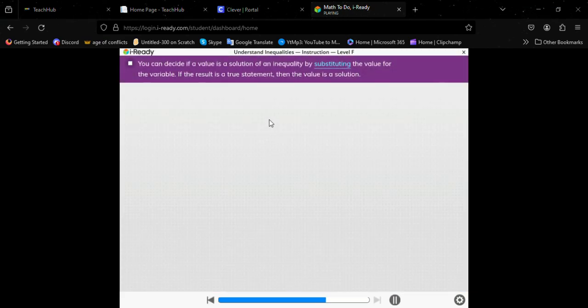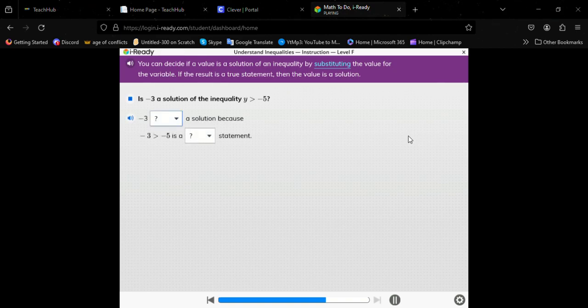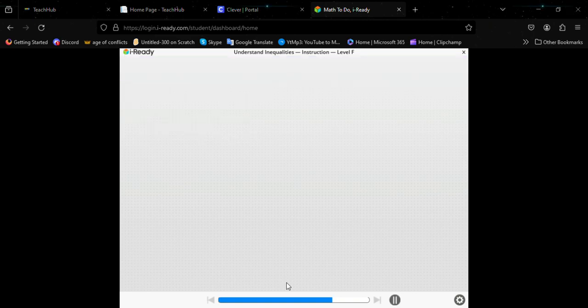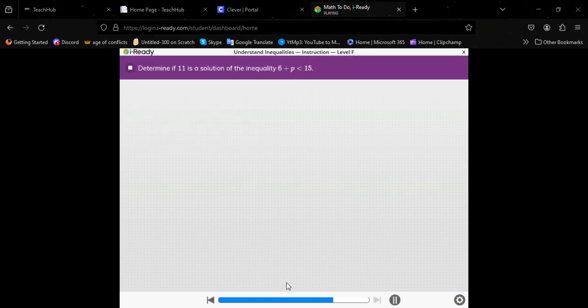You can decide if a value is a solution of an inequality by substituting the value for the variable. If the result is a true statement, then the value is a solution. Is negative 3 a solution of the inequality y is greater than negative 5? Determine if 11 is a solution of the inequality 6 plus p is less than 15.